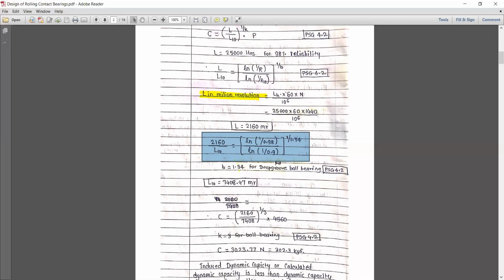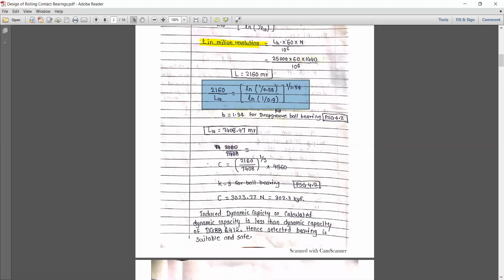So based on this equation, putting all the values, what we get, the expected life of the bearing for 90% probability of survival is 7408.47 million revolutions.